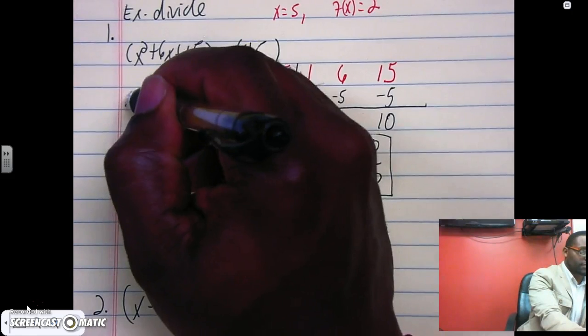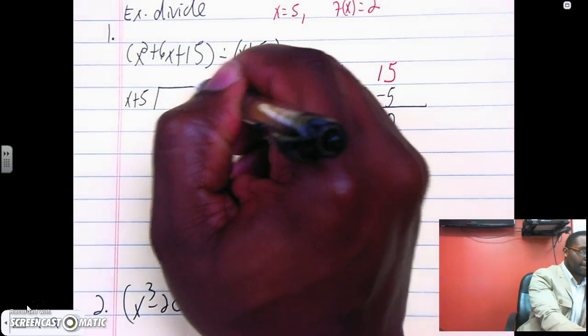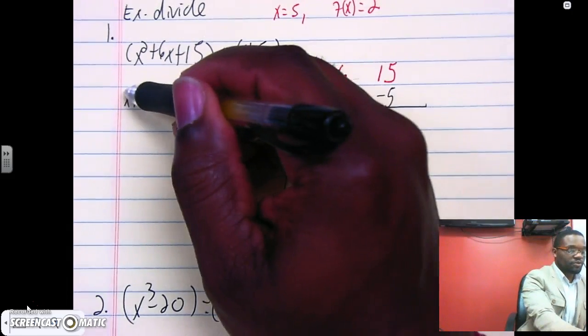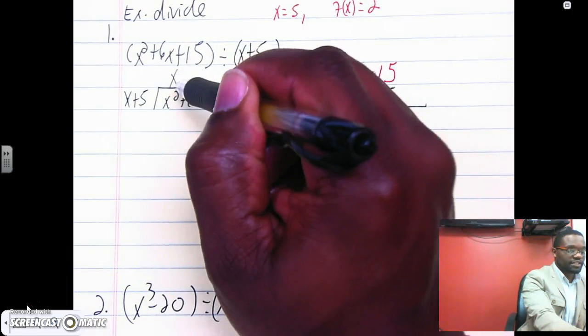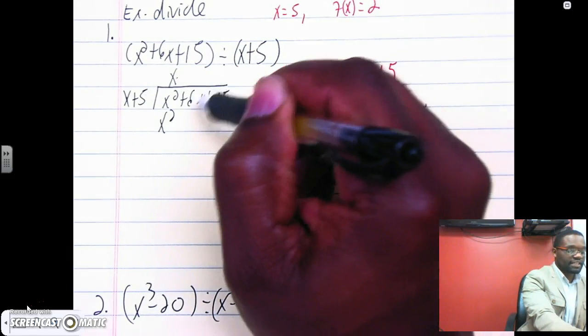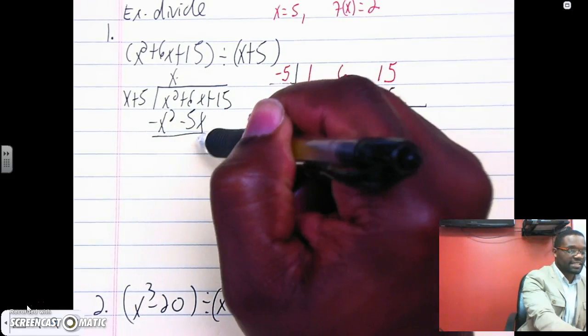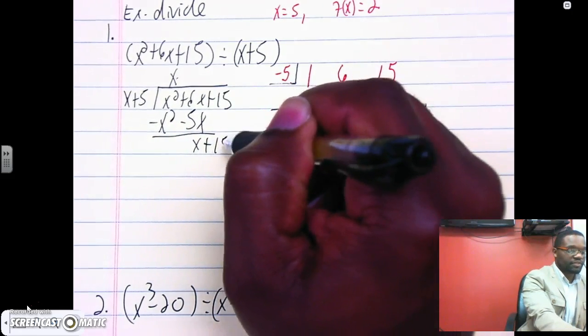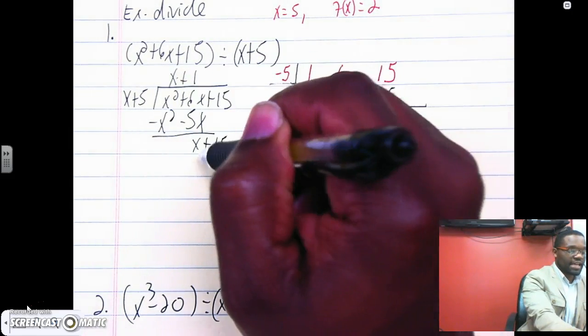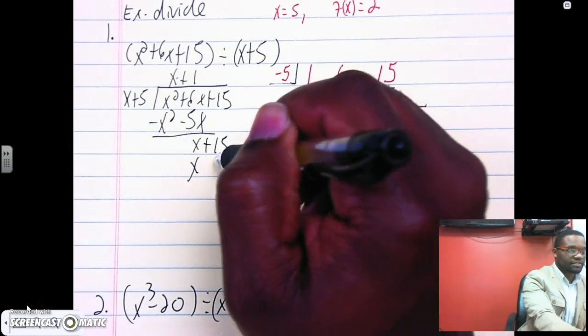If I did long division here, let me just run through that real quick. What do I multiply this by to get x squared? It's x. x times x is x squared. x times 5 is 5x. Draw my line, change my signs, and I get x. Bring the 15 down. I multiply this by 1 to get x. 1 times 5 is 5.